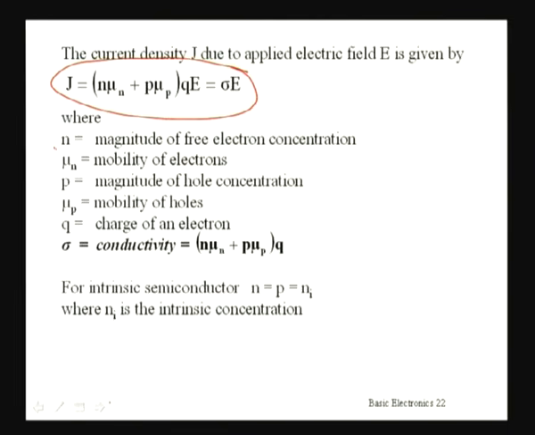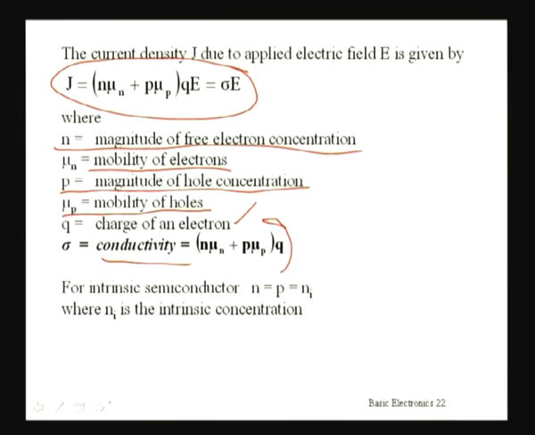N is the magnitude of free electron concentration, mu N is the mobility of the electrons, P is the magnitude of the hole concentration, and mu P is the mobility of holes. Q is the charge of an electron, and sigma is known as conductivity, which is given by N mu N plus P mu P, into Q.